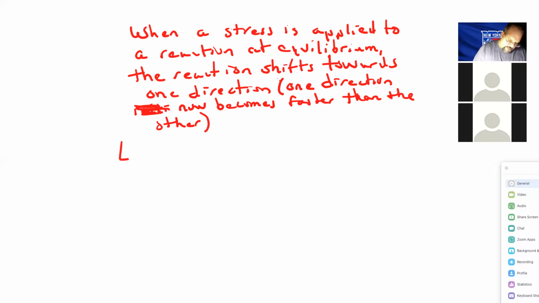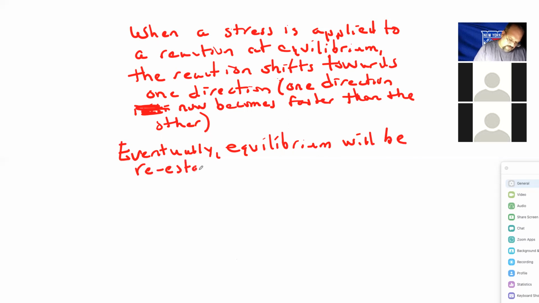Now, eventually, equilibrium will be reestablished. In other words, the rates or the speeds of the forward and reverse reactions will become the same again.